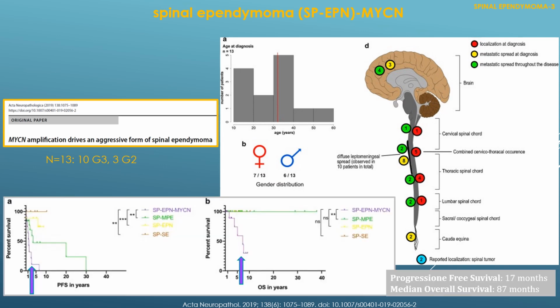About the outcome, the median PFS of this tumor is about 17 months and was significantly worse than for the other subtypes, as you can see on the left. The same happened also for the median OS.